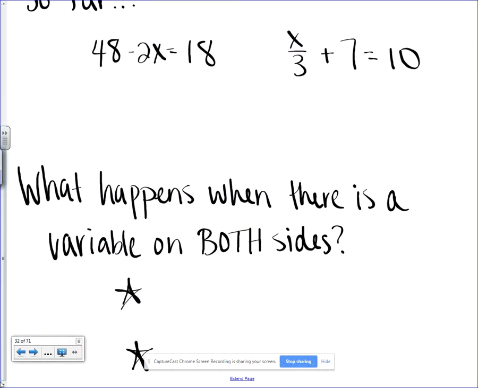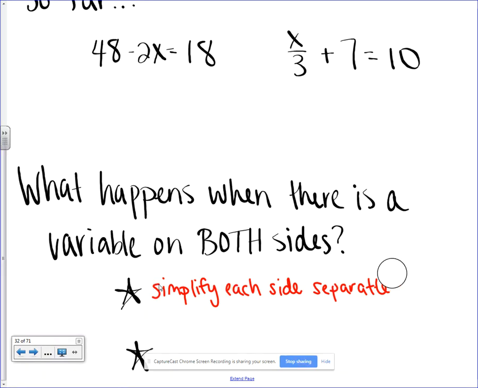What do you do when there is a variable on both sides? Well, the first thing you need to try and do is simplify each side separately. Okay, I think I've spelled that wrong. Maybe that's better. I'm not sure. So you're going to look at the left. Can I distribute anything?